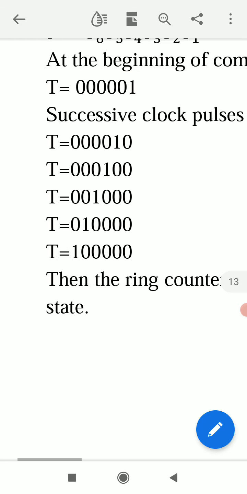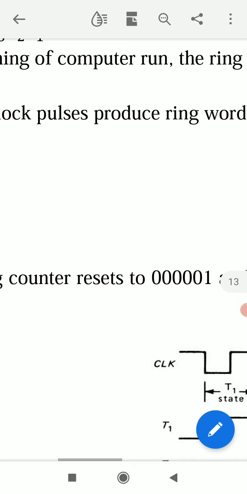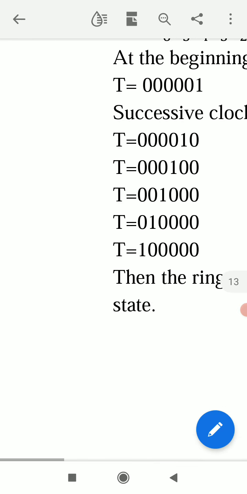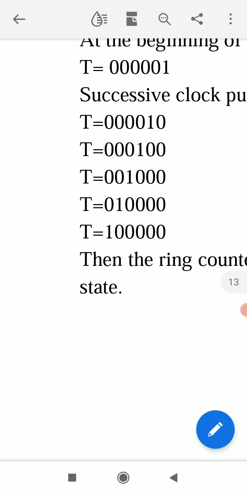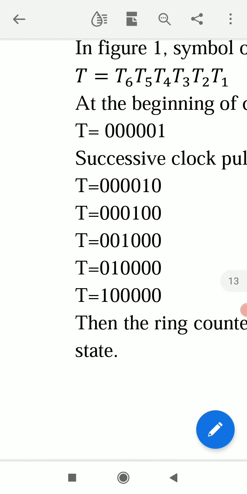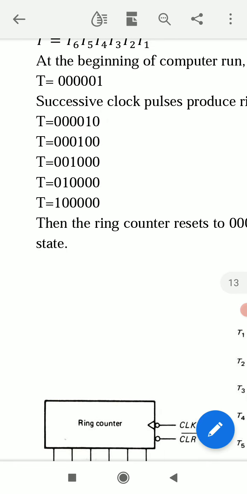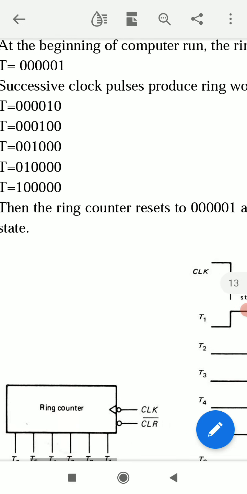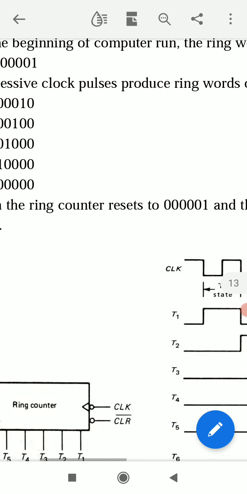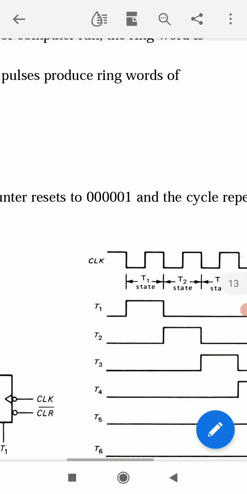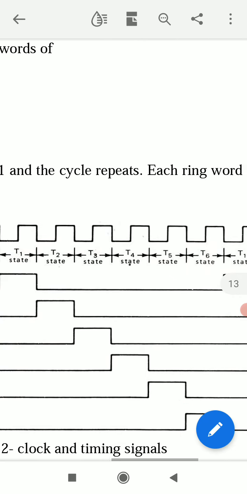So successive clock pulses produce ring words in this manner, where the 1 travels from right to left. Then the ring counter resets to 000001 and the cycle repeats.